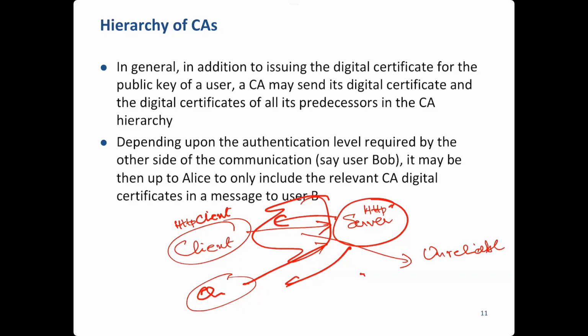Any routers in between can see your message, and there can be malware anywhere in the cloud or the internet, right? So how does your browser communicate with the server securely?